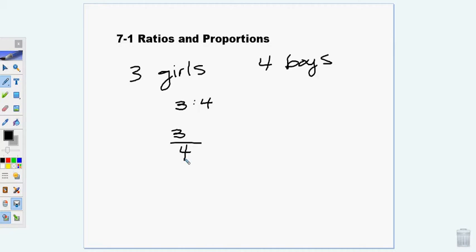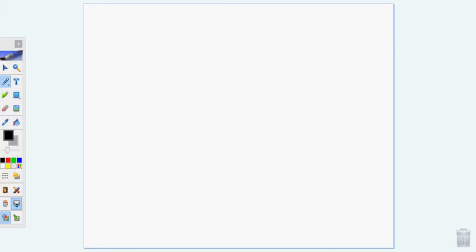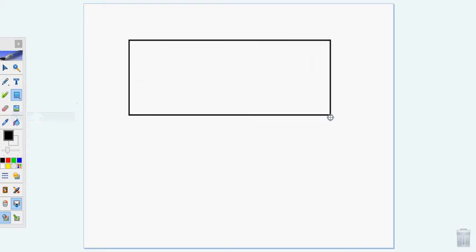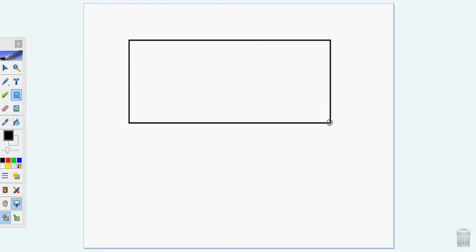So when we look at it in terms of geometry, we're looking at terms of comparison. For example, let's look at a rectangle. All right, so let me draw a rectangle here. And if I tell you that one side is twice as long as the other side, if I say that the long side here is twice as long as the short side here, then what I'm talking about is a ratio.